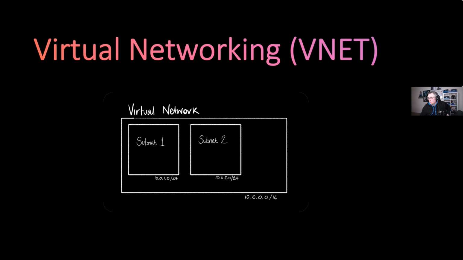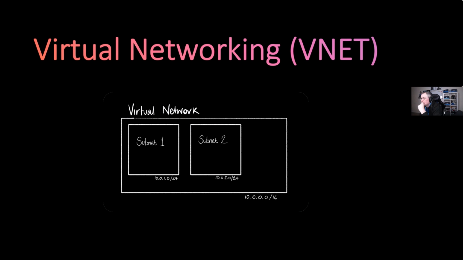These are isolated networks within Azure, so anything that gets put into a virtual network can talk to only the other resources within that VNet, potentially talking out to the internet if you so allow. You can put any kind of resource into a VNet, from the web apps that we previously discussed, to things like Azure SQL or Cosmos DB.